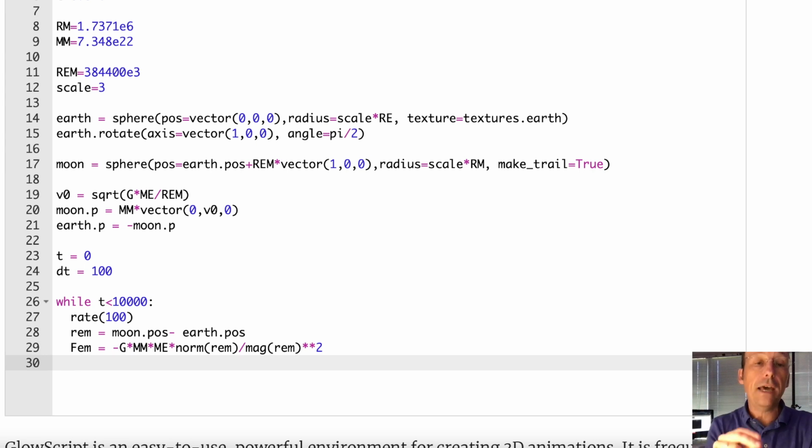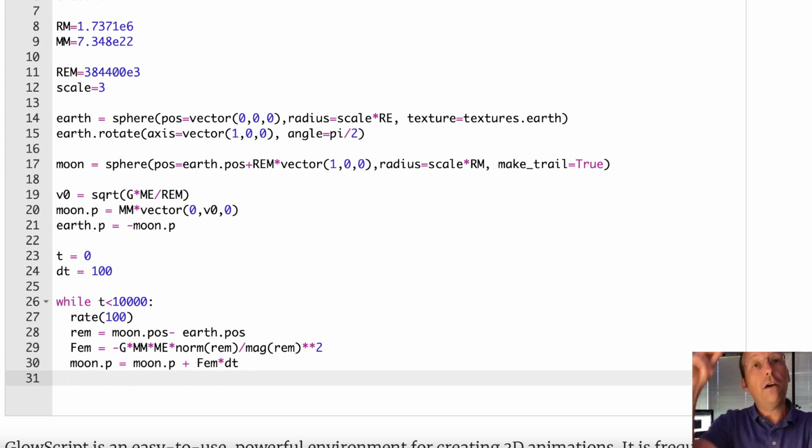Now I can use that to update both the momentum of the Earth and the moon. So moon.p equals moon.p plus FEM times dt. And for the Earth, Earth.p equals Earth.p minus FEM times dt. So the force on the Earth is in the opposite direction, so it has a negative value in there.